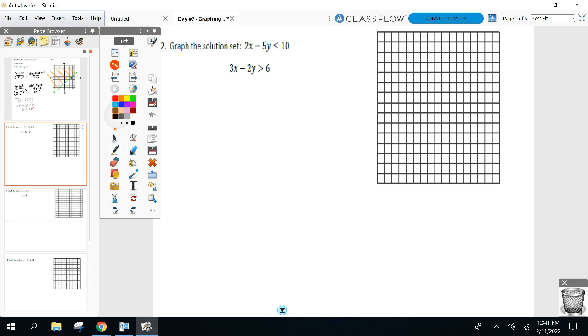So here we go. Let's take 1 at a time. 2x minus 5y less than or equal to 10. Find your intercepts.